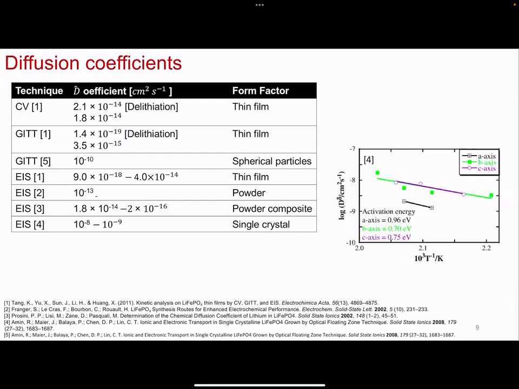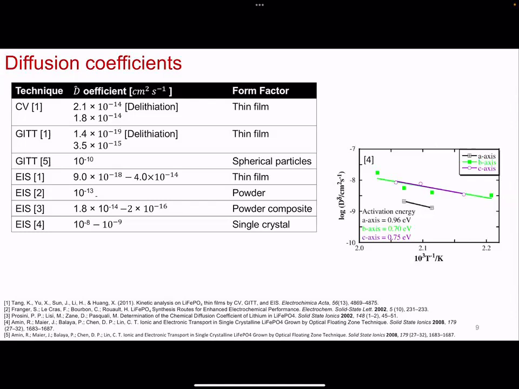Now that's going to be different than if you're trying to measure the diffusion coefficient going through, let's say, a single crystal. And so this particular study by Amin in 2008, on the single crystal, does a really good job of trying to actually track down the diffusion coefficient along different axes as well.